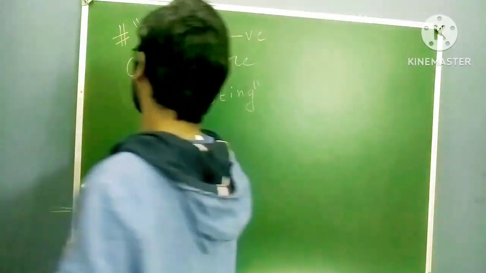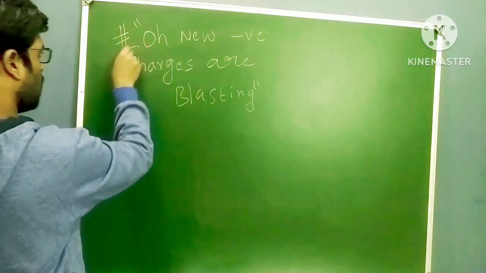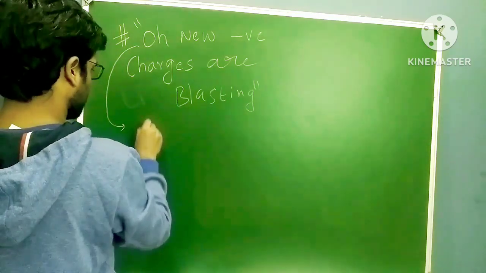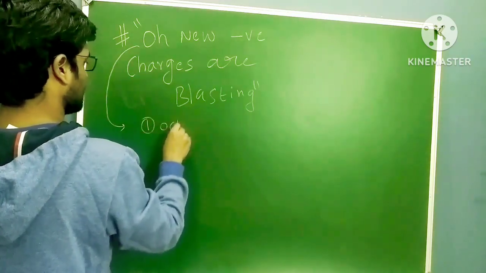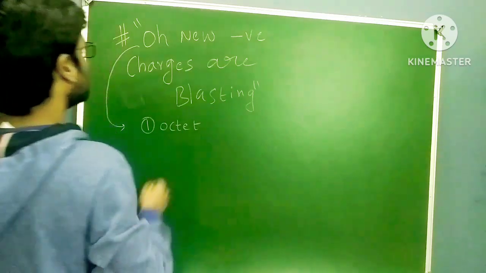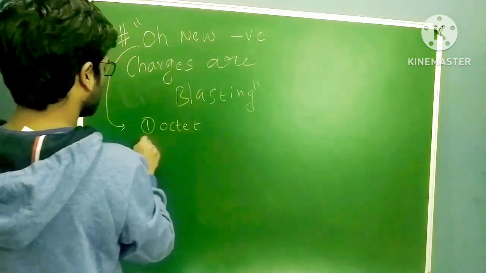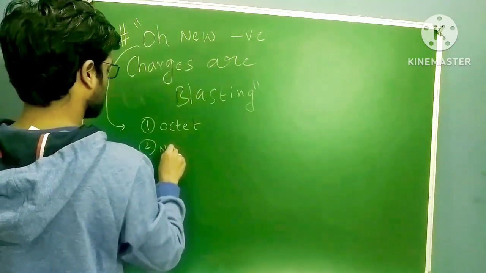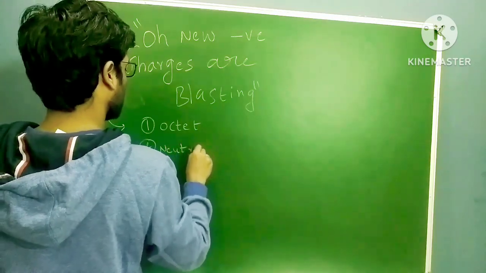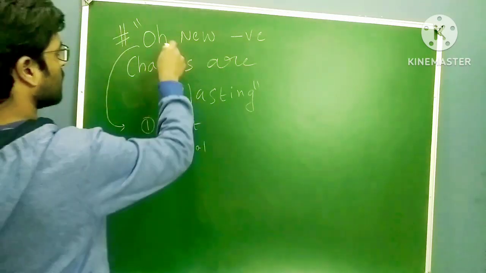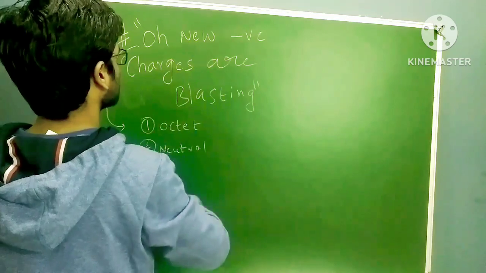Okay, what is O? First of all, I'm writing here. The O means octet. So the first one is octet. All right. Next, nu means neutral. I will explain what is octet, what is neutral, everything. O means octet, nu means neutral.